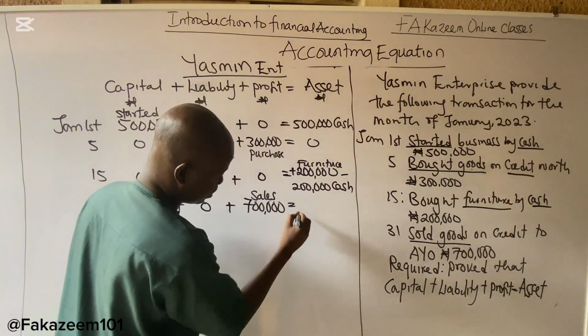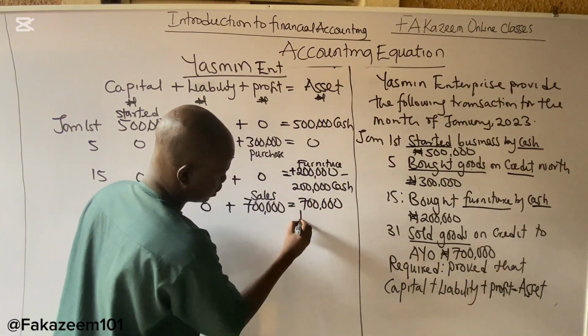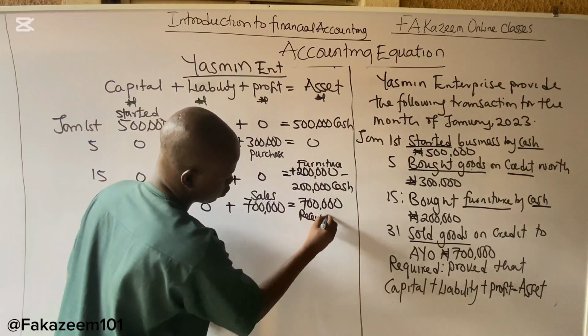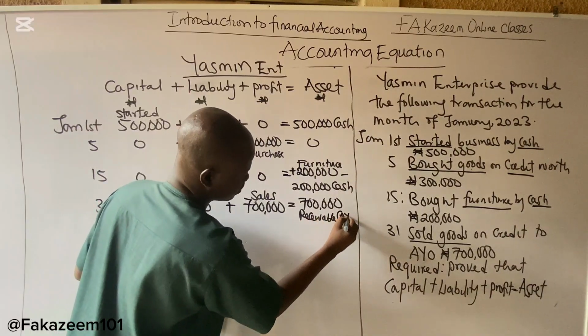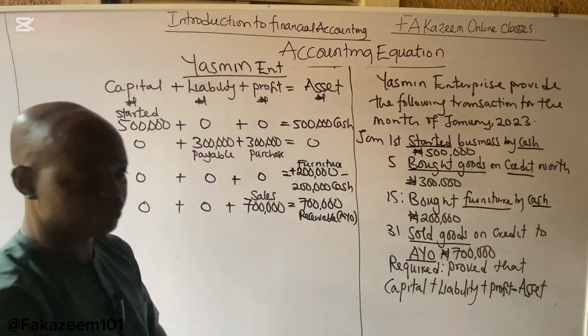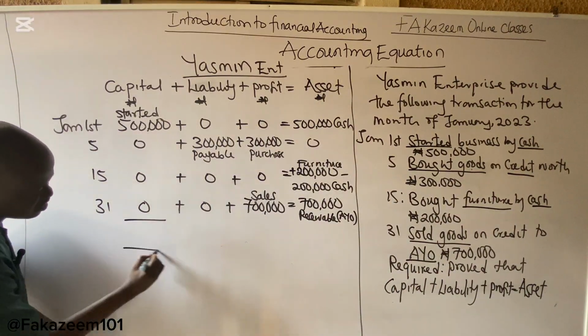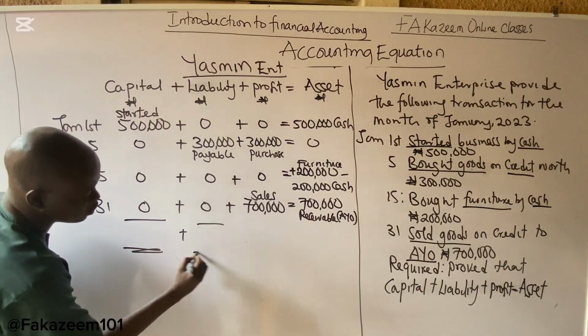Debtor is an asset, and that's 700,000. That's receivable. Receivable is IO. The person they sold to on credit is known as debtor, and debtor is known as receivable. From this, let's see what our calculation will give us.